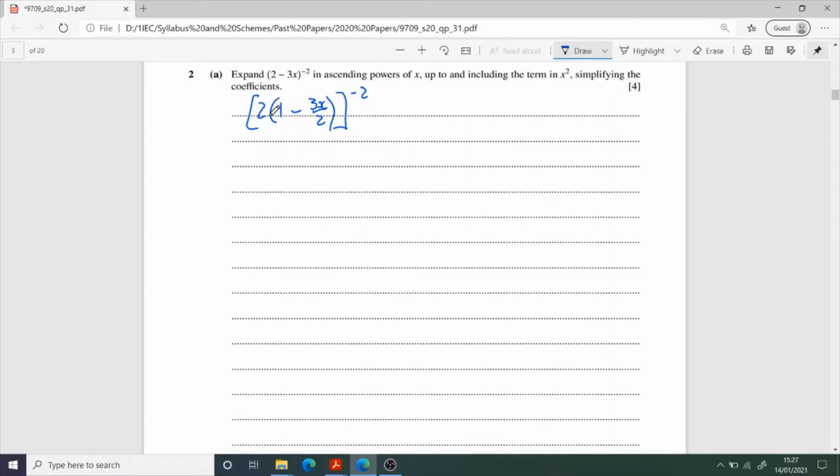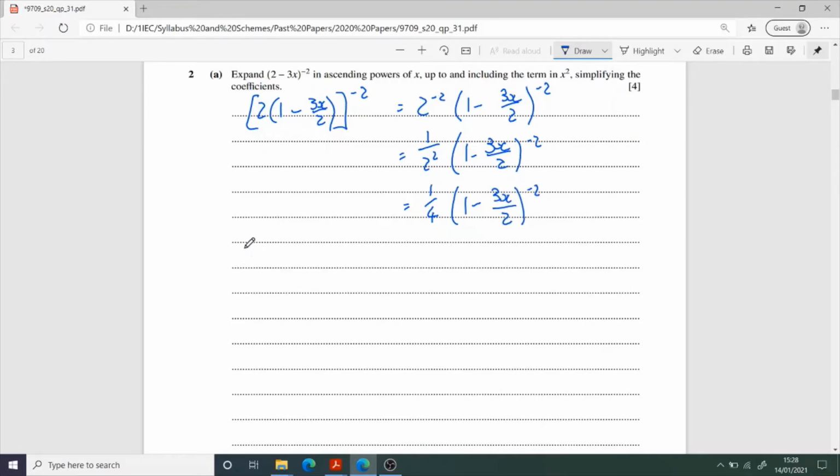That means that this 2 is now to the power of negative 2 times 1 minus 3x over 2 to the power of negative 2. 2 to the power of negative 2 is 1 over 2 squared, which is 1 over 4. So we're going to do our expansion, and then we're going to have to divide our expansion by 4.